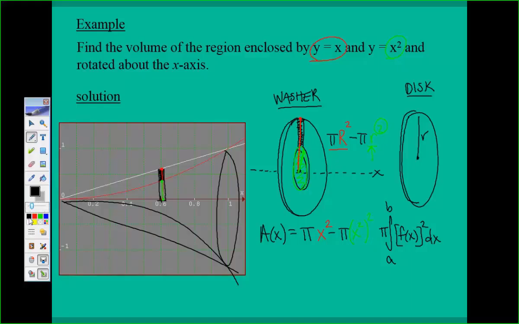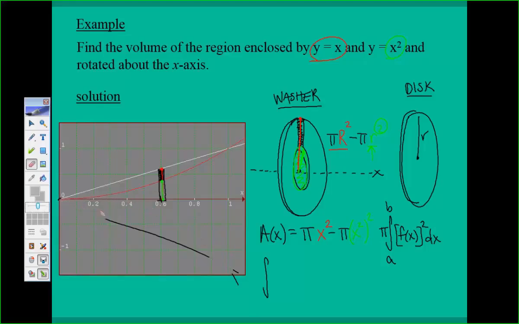So our integral would look like we have to go from x equals 0 to where these intersect. Let me get rid of some of the lines here.